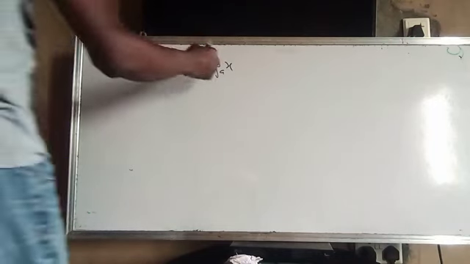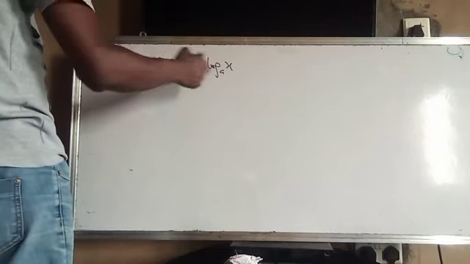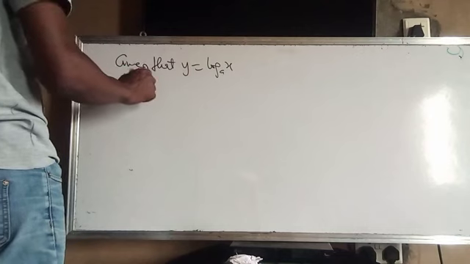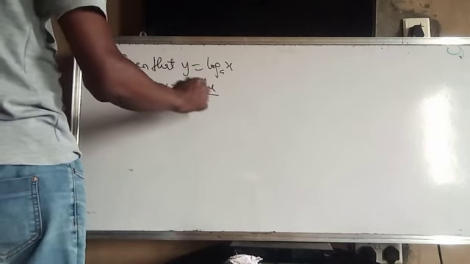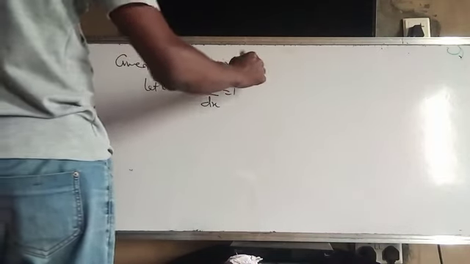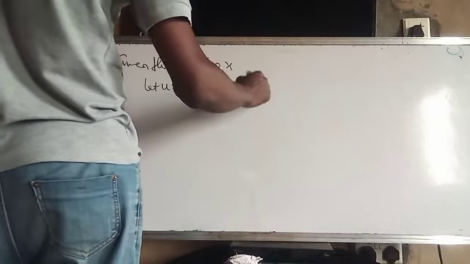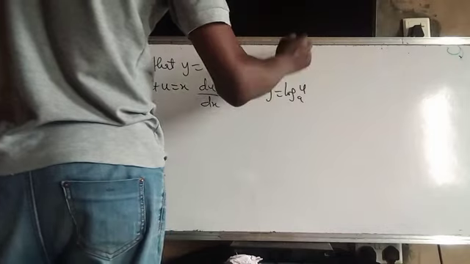So here we know that ordinarily we want to evaluate this. Let u equals to x. So you know du/dx is equals to 1. And now that implies y is equals to log u base a.